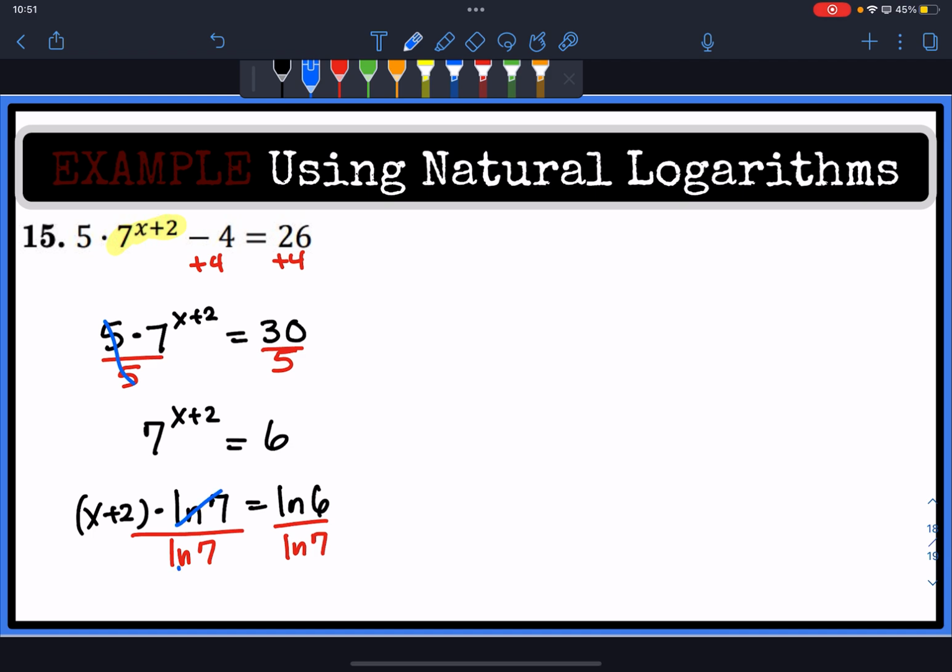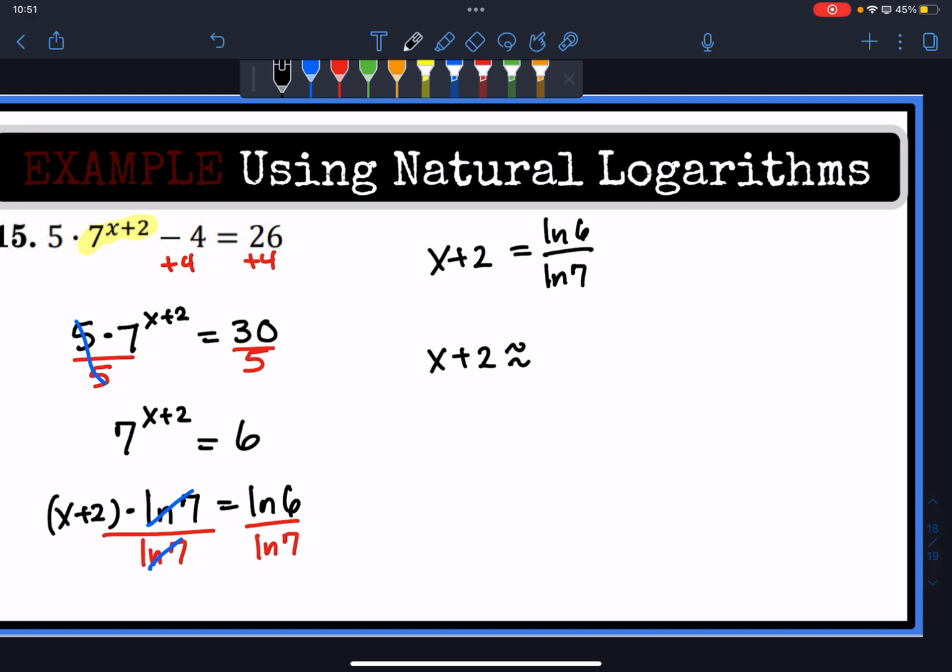This again reduces to 1. And x plus 2 equals the ln of 6 divided by the ln of 7. And let's approximate that value.